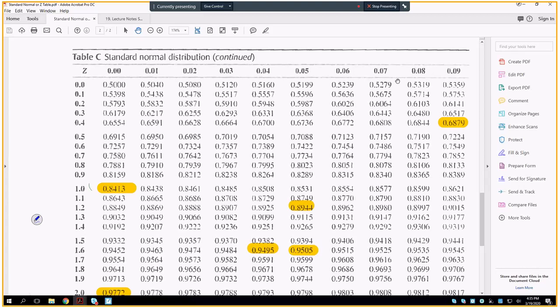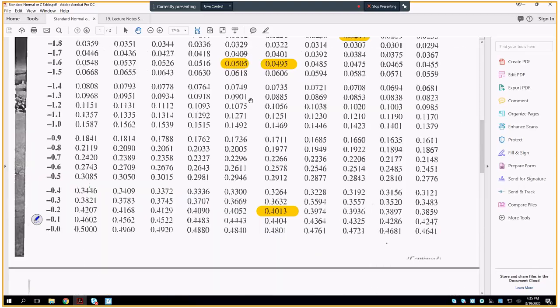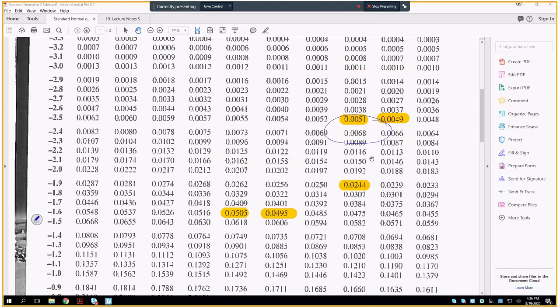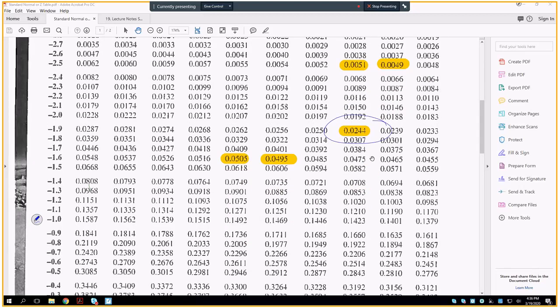And the probability that z is less than negative 1.97. I will scroll down to the row that has negative 1.9, go over to the column that has 0.07 at the top, and I find that should be 0.0244.